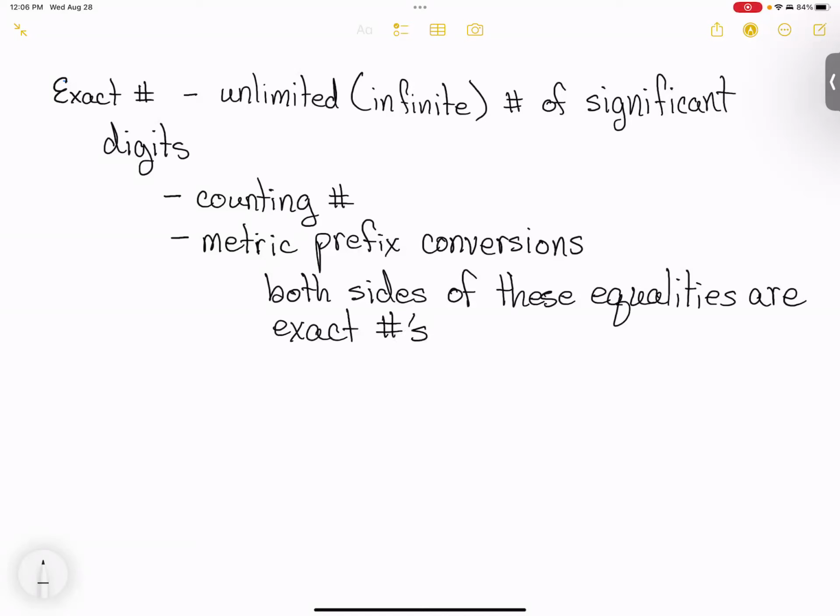And therefore would have an unlimited number of significant digits. So, for example, there are 1,000 milliliters in 1 liter. The 1,000 has an unlimited number of significant digits, an infinite number, as does the 1 for the 1 liter.